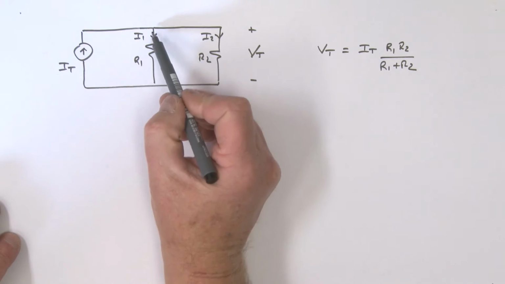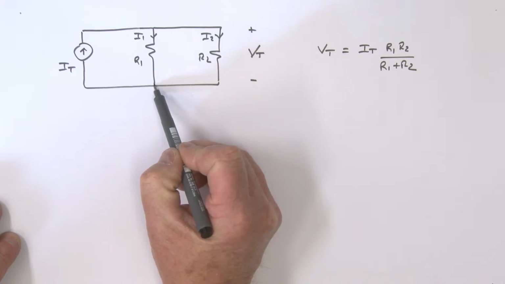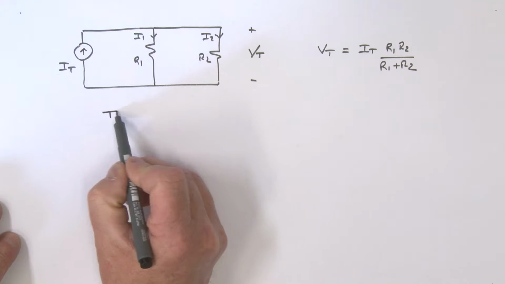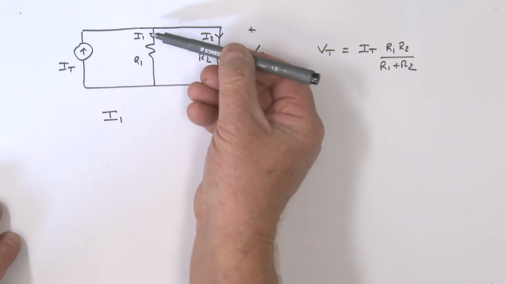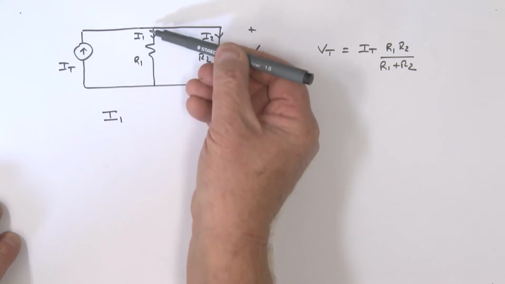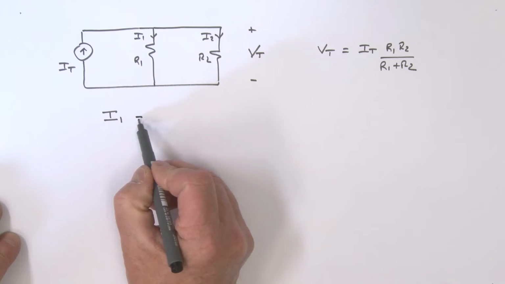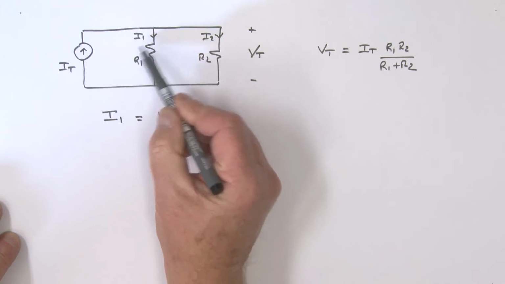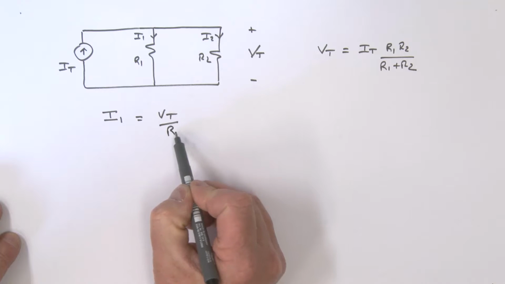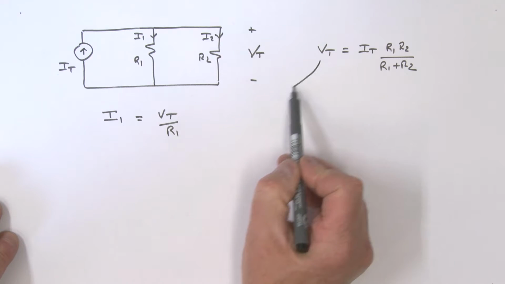All right, supposing now I want to find that current I1. What's I1? I1 would be equal to what? The voltage across it, which is VT, divided by what? The resistance R1. So we have this expression for VT.